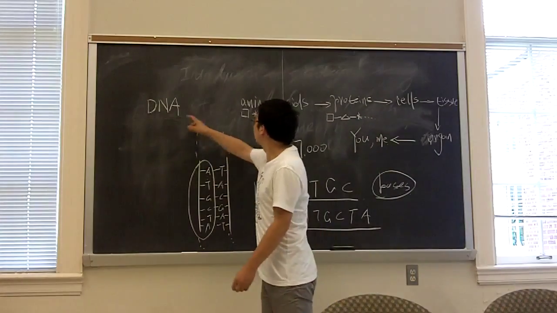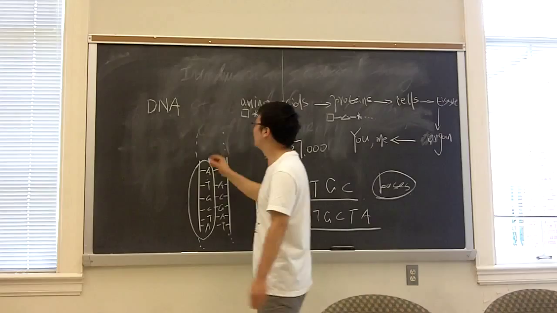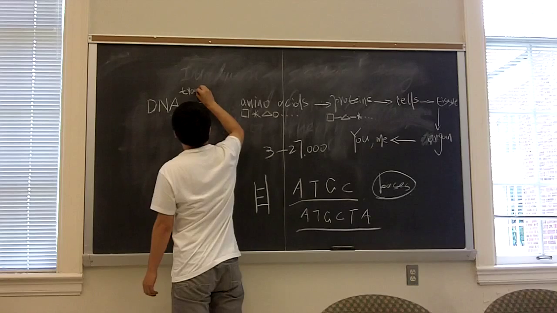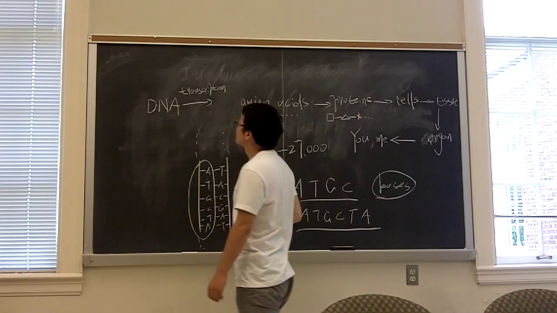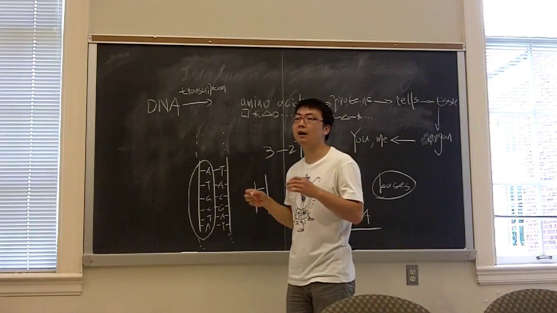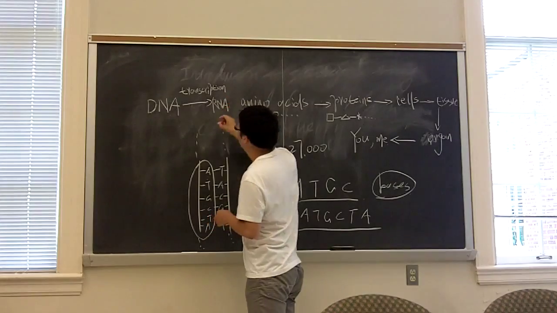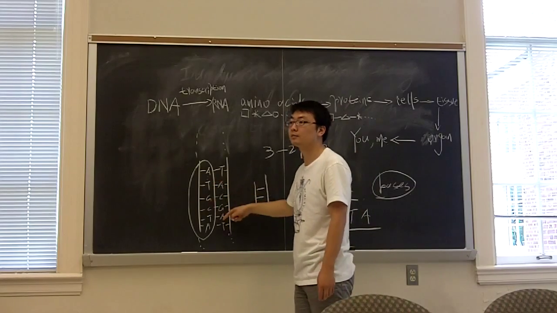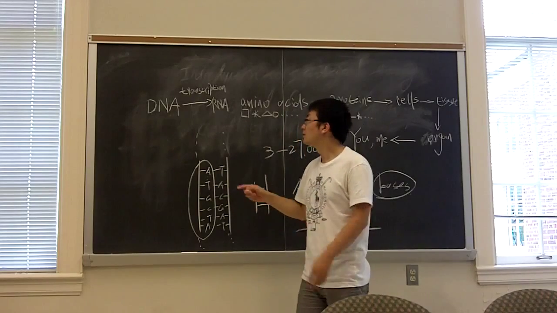From DNA to protein actually needs just 2 steps. The first is called transcription. Transcription is a process which creates a kind of RNA. RNA is an exact copy of a certain part of DNA. RNA has 2 obvious differences from DNA.